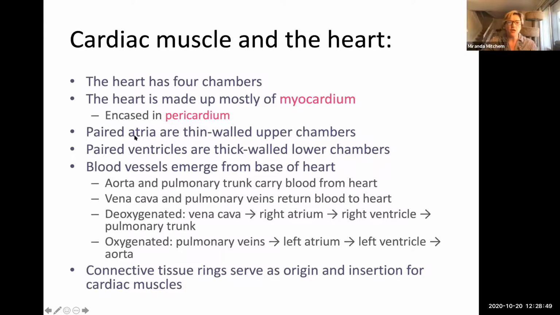Now, the atria sit on top of the ventricles. The ventricles are at the bottom and the atria sit up top, and they are thin-walled. Ventricles are very thick-walled. And specifically, that left ventricle that has to pump all out to the systemic circuit is even thicker because it needs the force that comes from that thick wall.